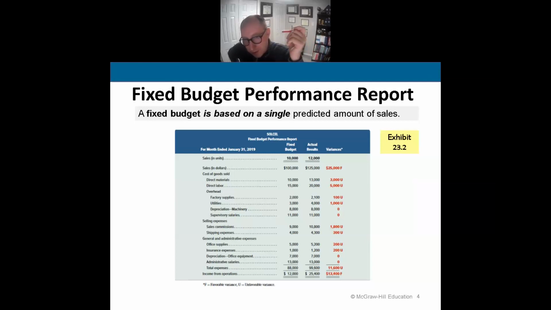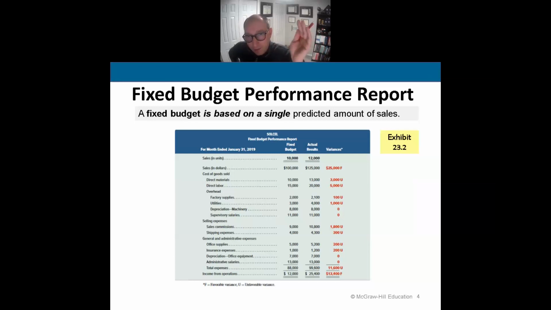That's 100,000 in sales dollars. I had a direct materials budget of 10,000, direct labor of 15,000. I had a bunch of overhead budgeted out, selling administrative expenses, and so on. The fixed budget, you cannot change the budget. It's fixed.